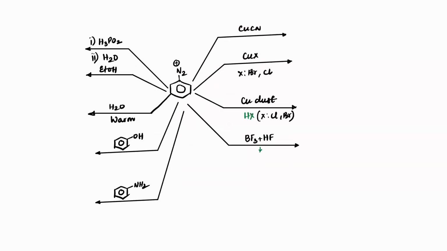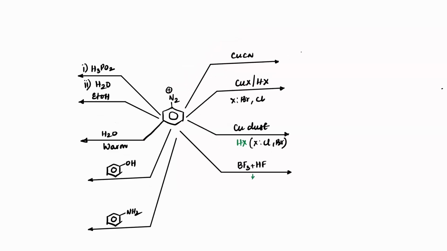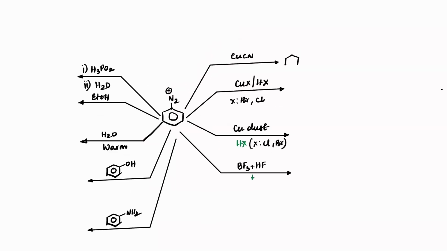Diazonium salt, when you react with CuCN, or simply CuX in HX, both give the same reactions. Basically here you'll get cyanide, or here you'll get X. That X could be bromine, chlorine, or even cyanide also.